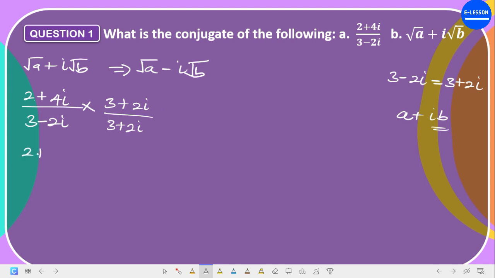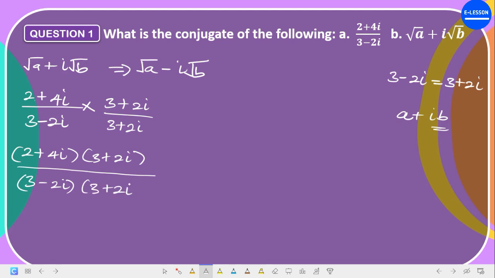We pick everything together. You have 2 plus 4i bracket 3 plus 2i bracket all over 3 minus 2i bracket 3 plus 2i. Open through with what we have here.